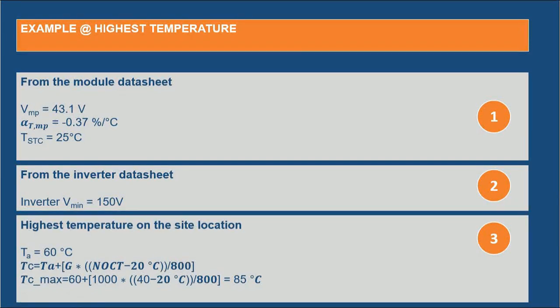In some places the ambient temperature can go up to 60 degrees Celsius. So we put it in the previous equation to get the cell temperature, and in this case the cell temperature is 85. We see that there is a difference between the cell temperature and the ambient temperature.